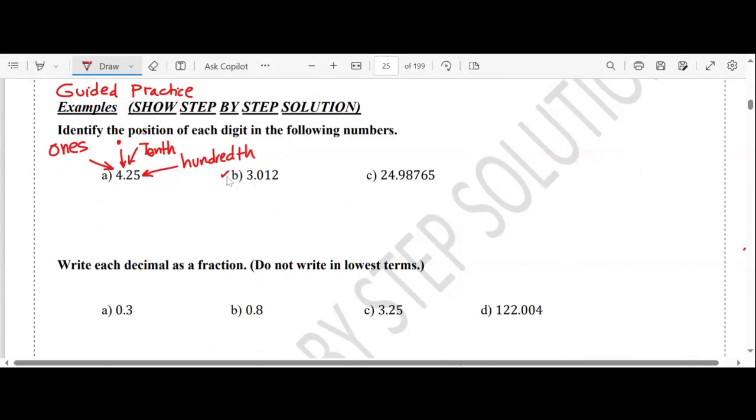Can you do B? Yalla, class work. Do it now. Yalla, quickly. What is he going to say? Ones. And you have the decimal, right? And then tenth. And this one? Hundredth. And the last one is what?